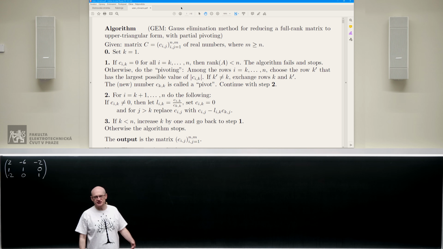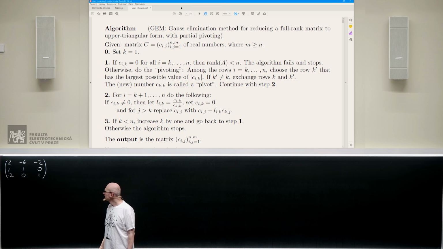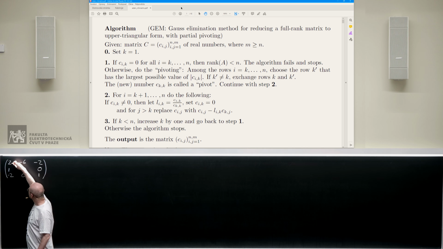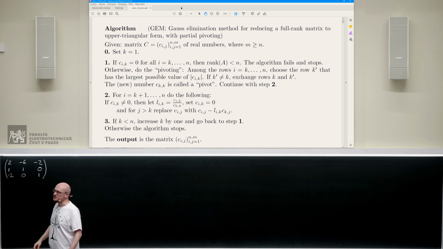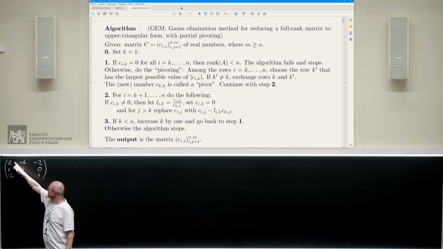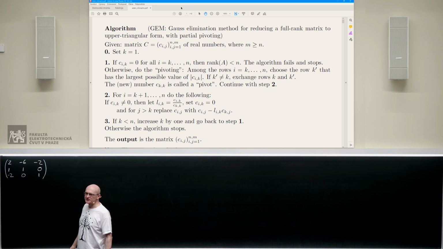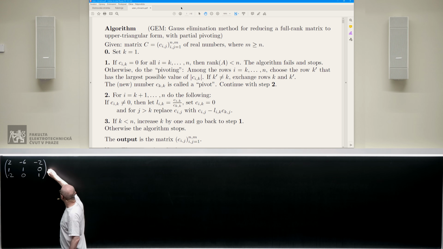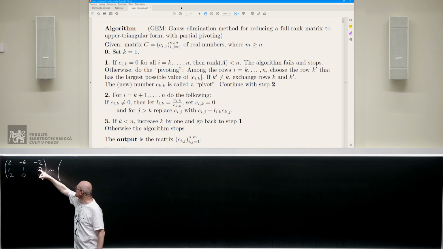Now, we will soon see that actually for a computer, there is a certain, let's say, motivation, what kind of number I can see here. And this is called the pivot number, this one, especially after I choose the right one. But for a human being, I would definitely prefer number 1 here on the top. And this brings me to the first permissible operation, which is switching of rows. So my first operation is that I take the second and the first row and switch them around.